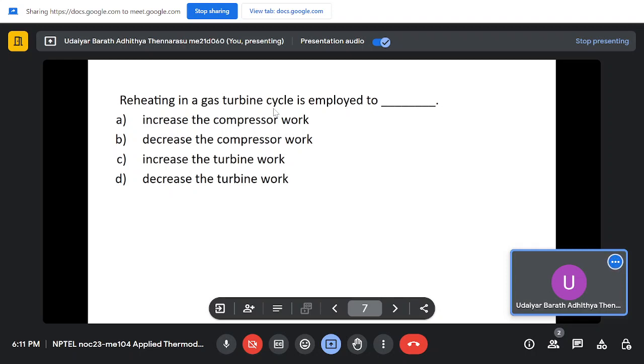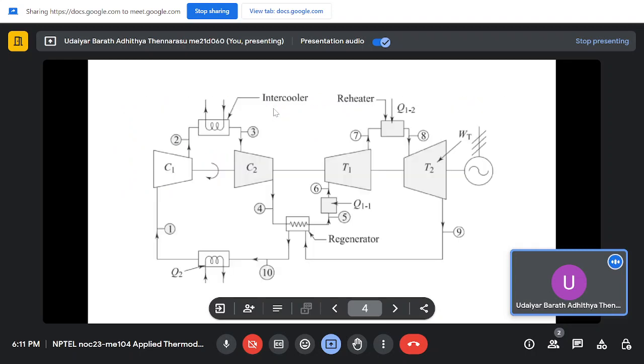So we know it is to increase the turbine work. I'll go back to the circuit. See, there are two turbines, T1 and T2. After compression, you are raising the temperature in the regenerator using the exhaust, and then you are providing heat input. So the temperature will rise, and eventually the energy also rises.